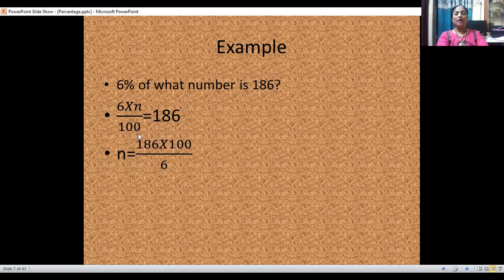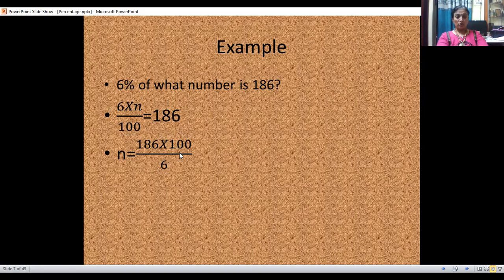When this equal sign makes two sides, when a number comes to another side, earlier it was into, and it becomes divided by.